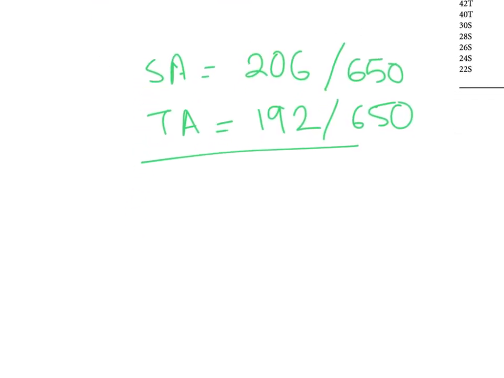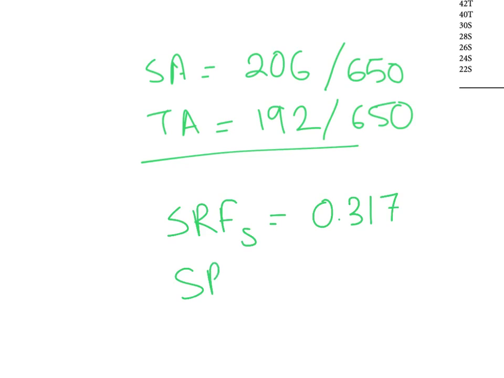So stress ratio factor for single axle, after dividing 206 by 650, you will get a value of 0.317, and stress ratio factor for tandem axle you will get a value of 0.295.